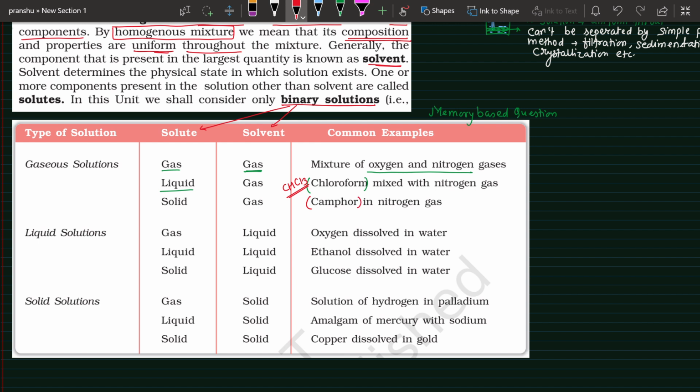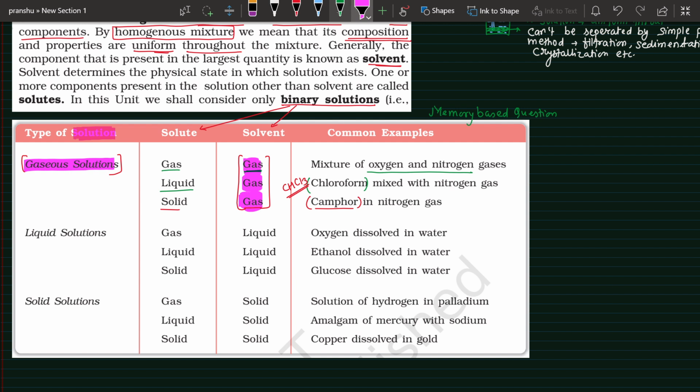Similarly, camphor, kapur, which we use in the puja. Camphor in nitrogen gas is an example of solid in gas. So all the solvents are in the gas phase and the solution also appears in the same phase.